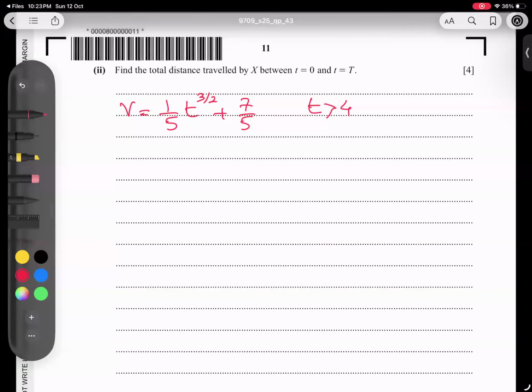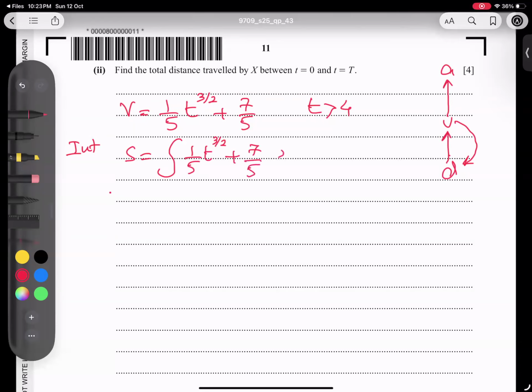First of all, you know it very well, and that is very important because again we have 3 levels: displacement, then velocity, and then acceleration, right? I'm at the velocity level. I need to come to the displacement level, so I will integrate. When I integrate, students, what happens? Let's see. This is S equals integral of 1/5 t to the power 3 over 2 plus 7 over 5 dt.